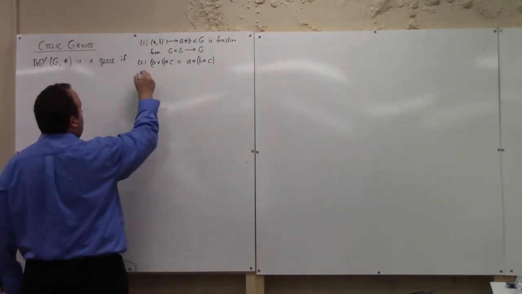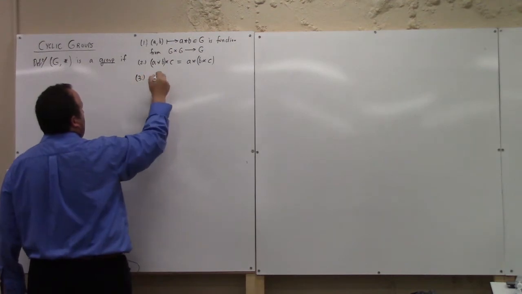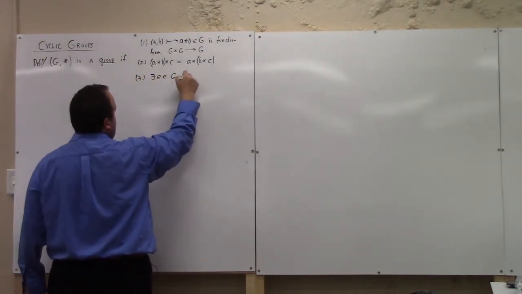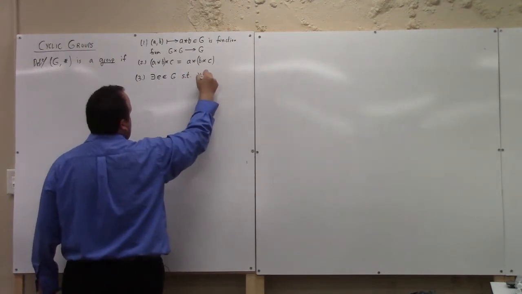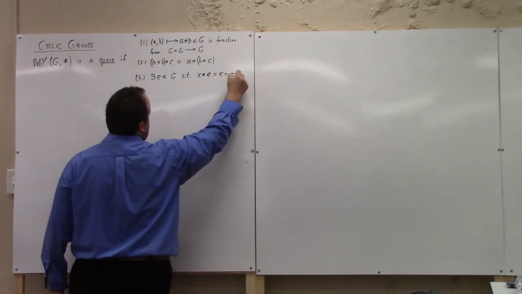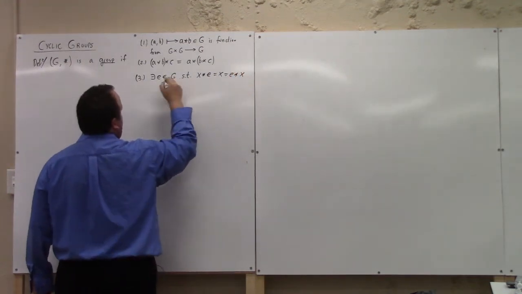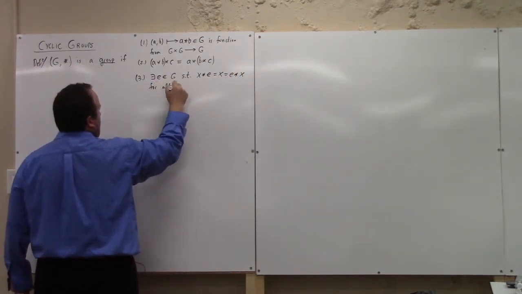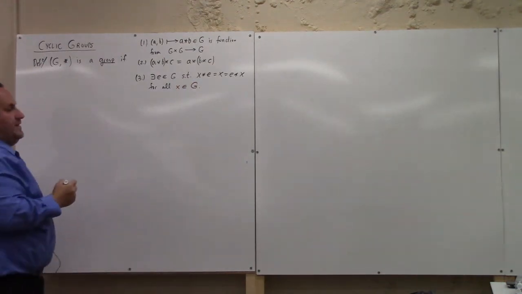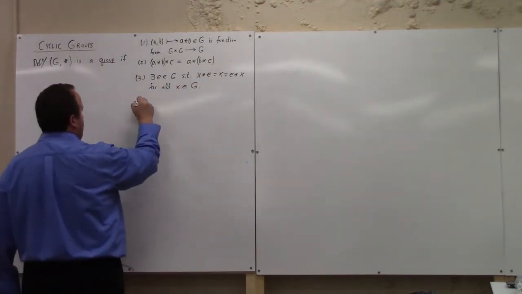And what else? Three, there exists E in G such that X star E is equal to X is equal to E star X for all group elements X. And what's the fourth axiom?